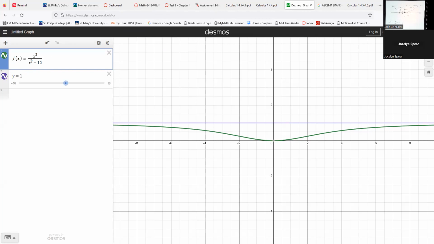So, these x squares are gonna overpower each other as x goes to infinity. So they'll basically cancel out when we're talking about humongous numbers. So it's never gonna pass 1. If I put like 10,000 up here and 10,000 in there, it's basically 1. You see what I'm saying?